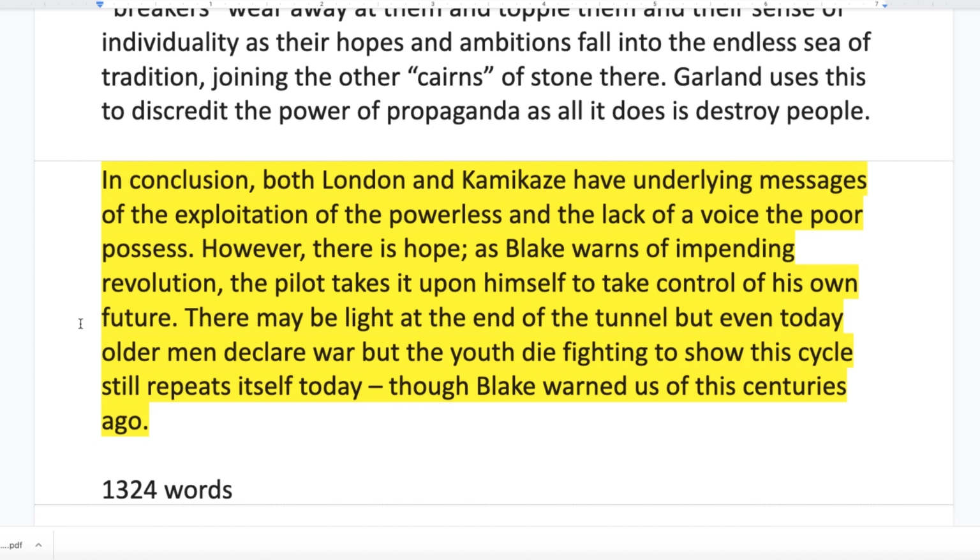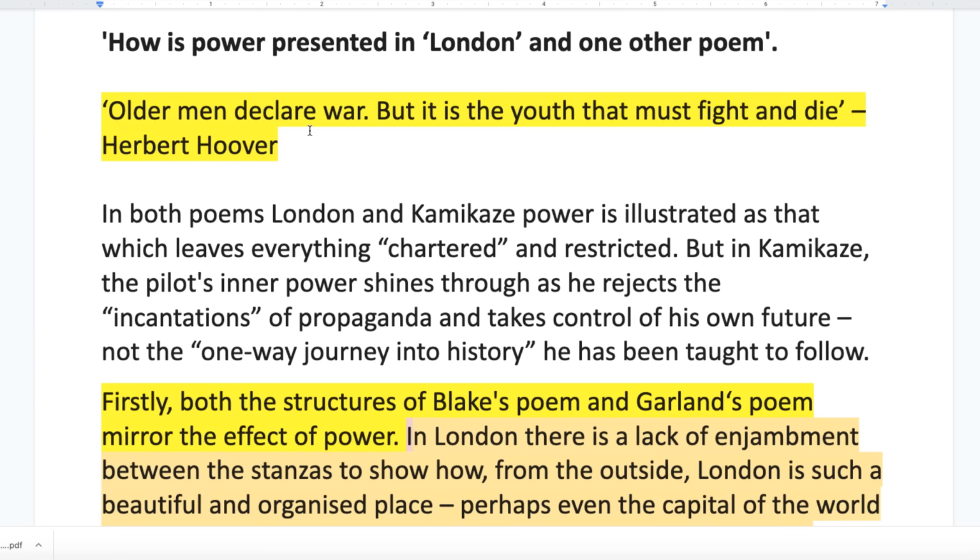There may be light at the end of the tunnel, but even today, older men declare war, but the youth die fighting to show this cycle still repeats itself today, though Blake warns us of this centuries ago. So in a neat trick, the conclusion links us back to that quotation right at the beginning of the poem about older men declaring war but young men dying.